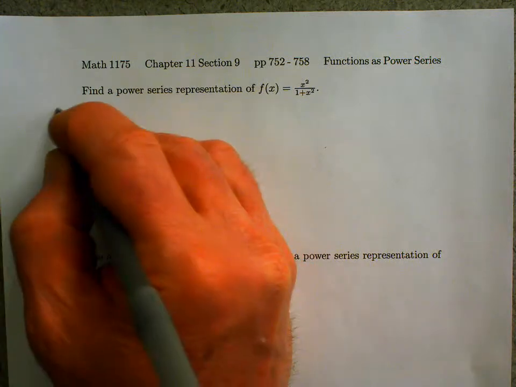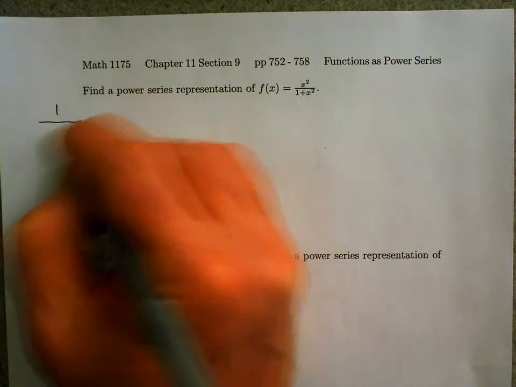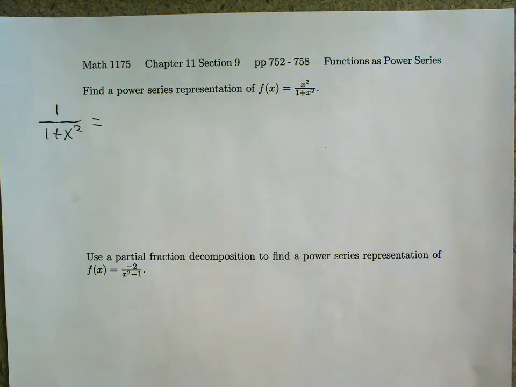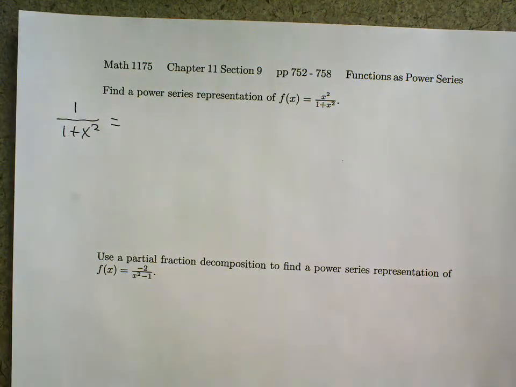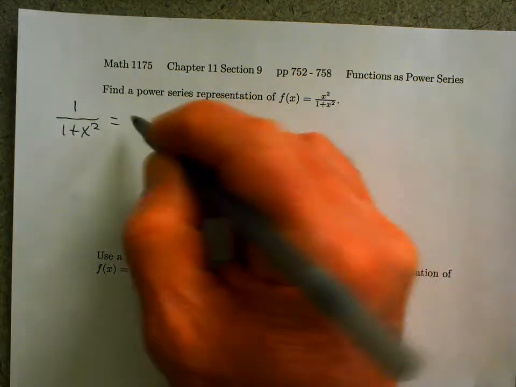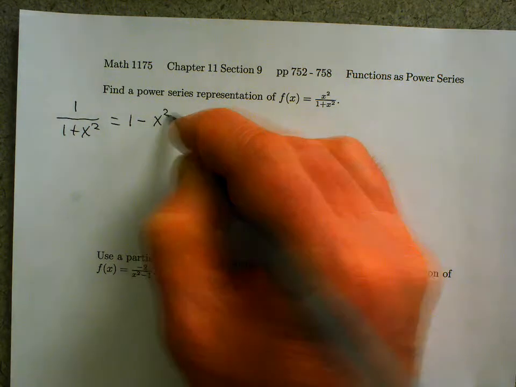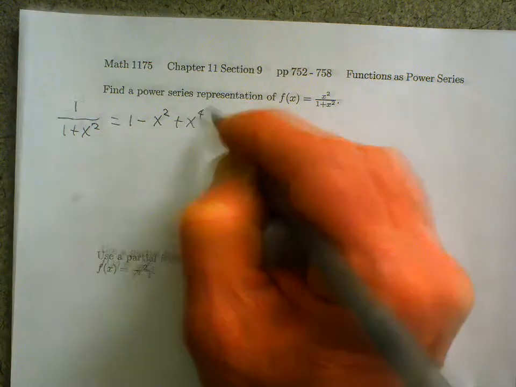So we saw that 1 over 1 plus x squared is 1 minus x squared plus x to the fourth, and so on.